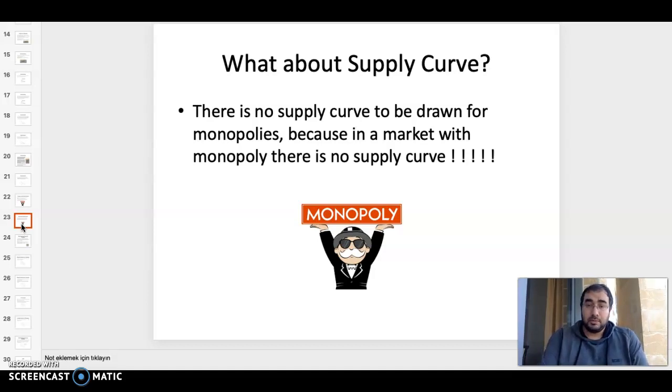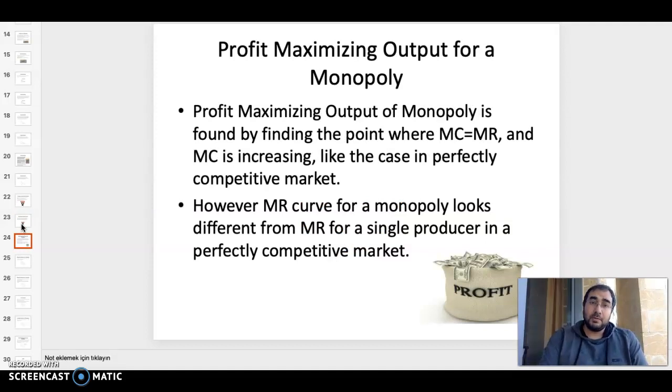So let's move on. The profit maximizing output level of the monopoly will be determined according to what? Here we don't have much of a secret. It was the secret to be solved last week: monopolies will, just like the other companies, produce at the output level where marginal revenue and marginal cost are equal to each other. In that sense, they are not different from the companies in the perfectly competitive market.